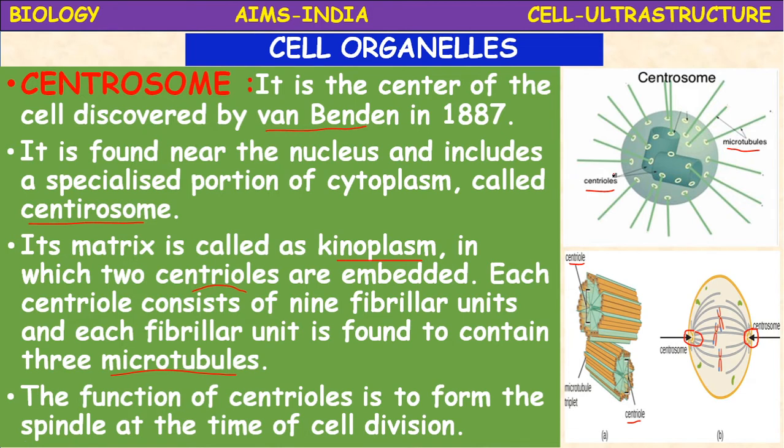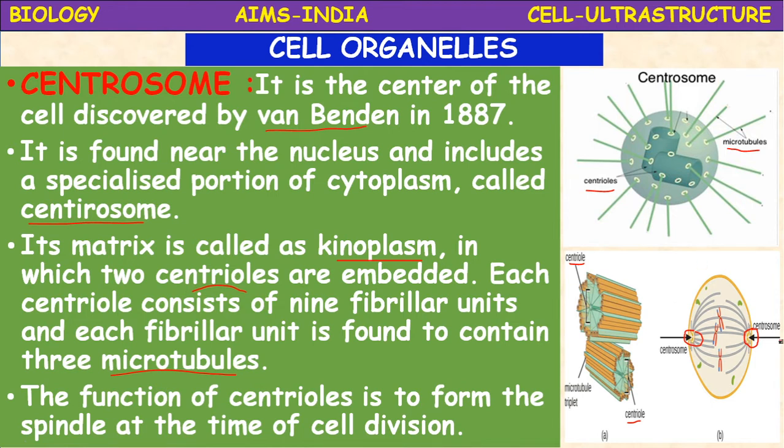The function of centriole is to form the spindle at the time of cell division. In the second diagram you can see, at the time of cell division, some nuclear structures, nucleolus and nuclear membrane, will disappear. At the same time, the centrosome breaks to release these centrioles.